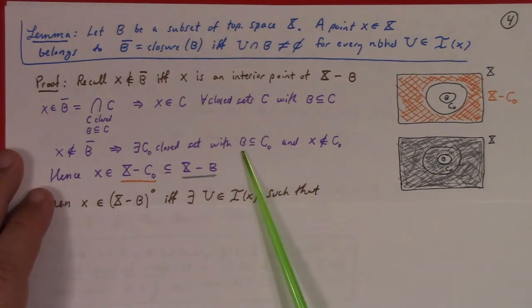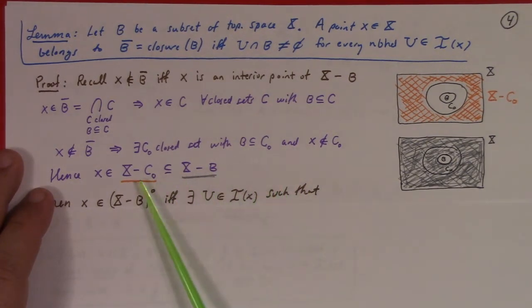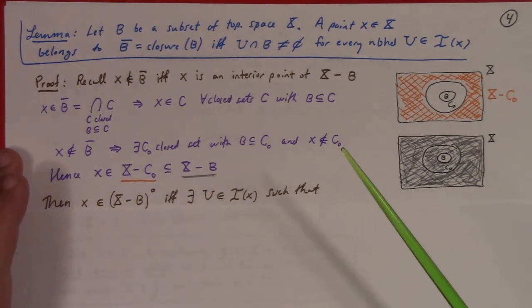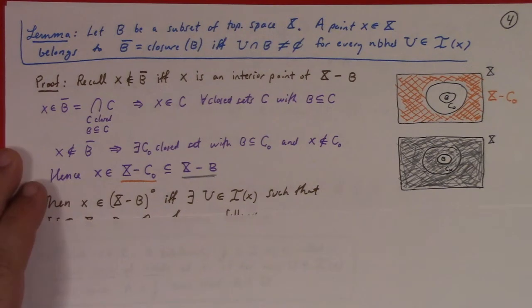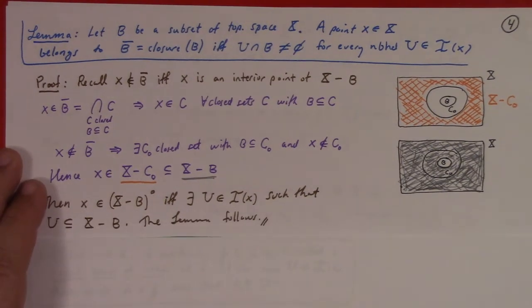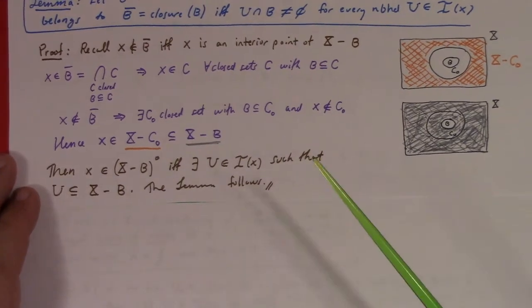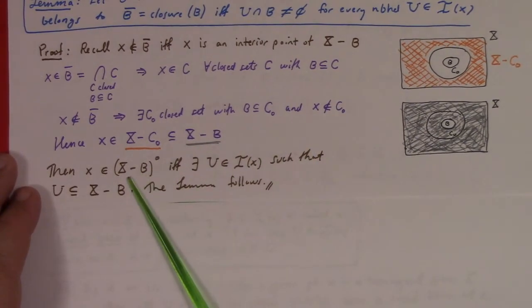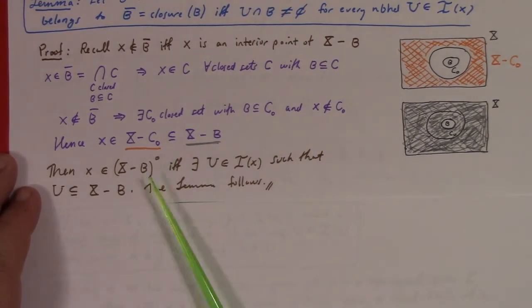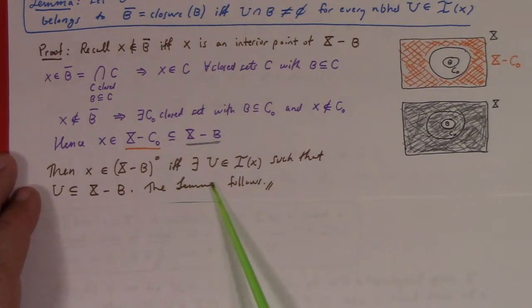So B a subset of C naught means that X minus C naught is a subset of X minus B. So I argue what this means is that X is an element of the interior of the complement of X by B, if and only if there exists a neighborhood of X such that that neighborhood is a subset of X minus B, and the lemma follows.